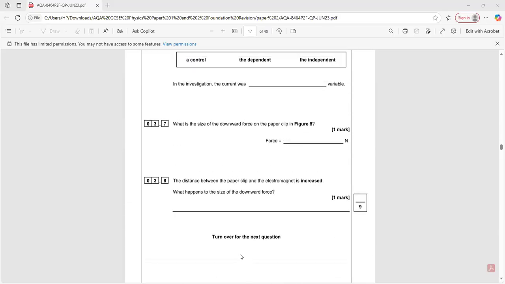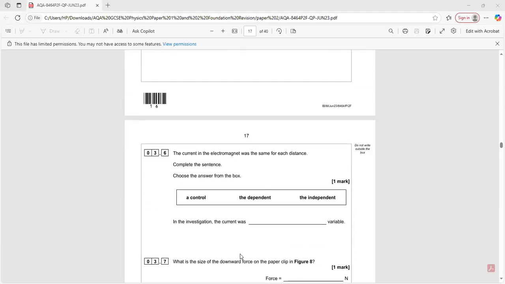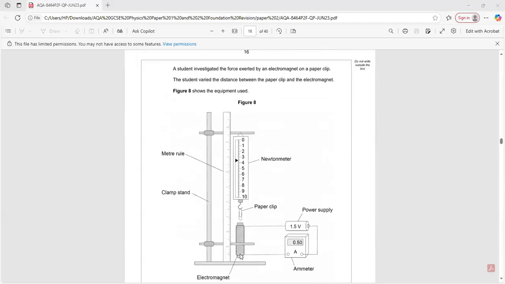All right, next, what is the size of the downward force on the paper clip? So can you see that this clip was attached to the spring?